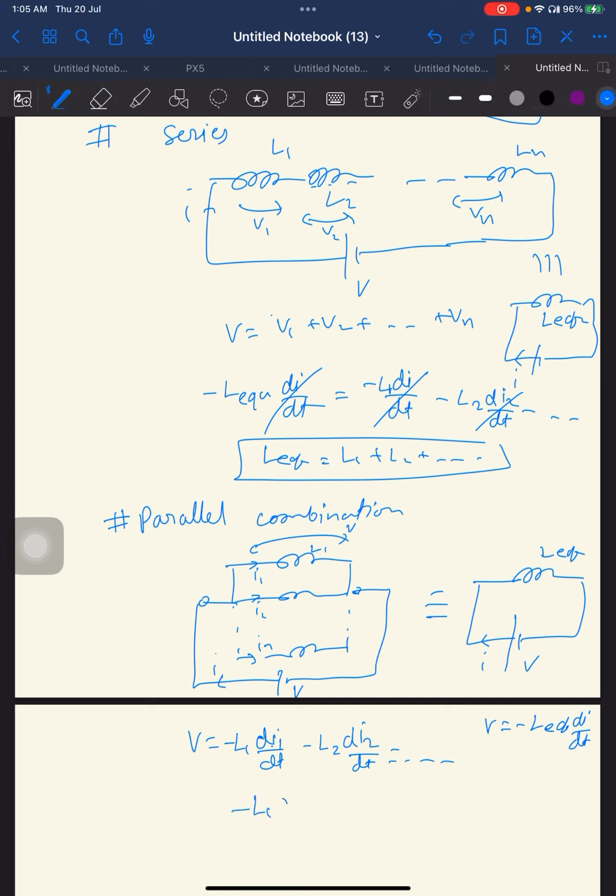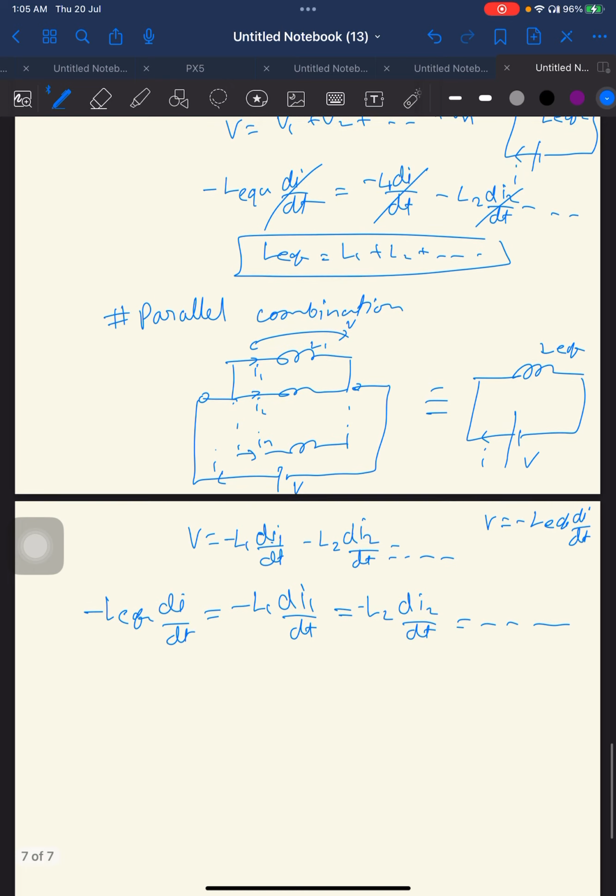So finally, we can write L1 di1 by dt is equal to L2 di2 by dt and so on, and that is also equal to L equivalent di by dt.